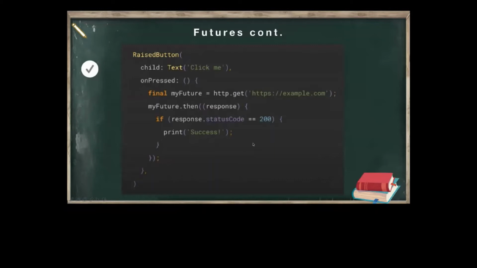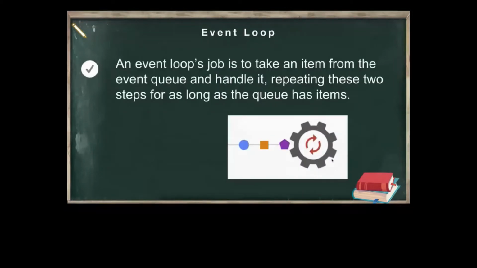Remember that in the event loop, the request may take very long for you to get a response. So let's take the example that the purple one is us requesting data from the HTTP. First of all, we have that function that will print the status code later on and print success.